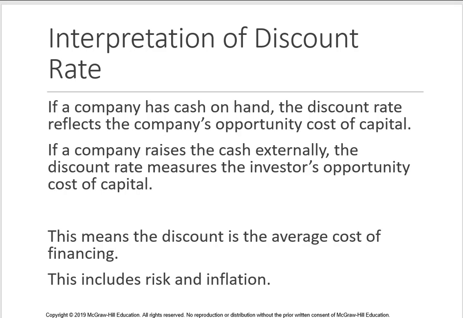You can even issue preferred stocks. So the cost of financing for a corporation is the weighted cost of those types of securities. So this discount rate, it's the average cost of financing. This cost includes risk and inflation. They're all involved in this package, if you will.